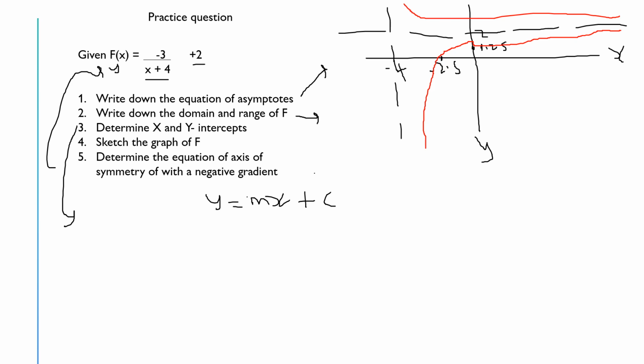So here we know m must be negative. First thing first, just put m as negative, so it will come back as negative x plus c.